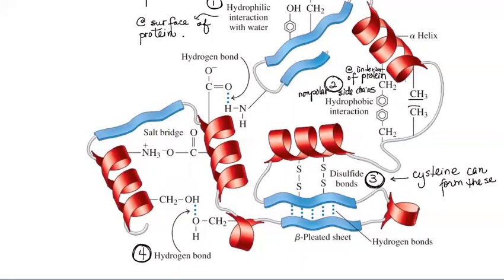We also have something that is called a salt bridge. And whenever we have a salt bridge, understand that this is going to happen when we have an acidic amino acid and we have a basic amino acid that are both charged. The reason why it's called the salt bridge, as we learned, is because they're both ionic side chains, okay? We have a full cation and a full anion.